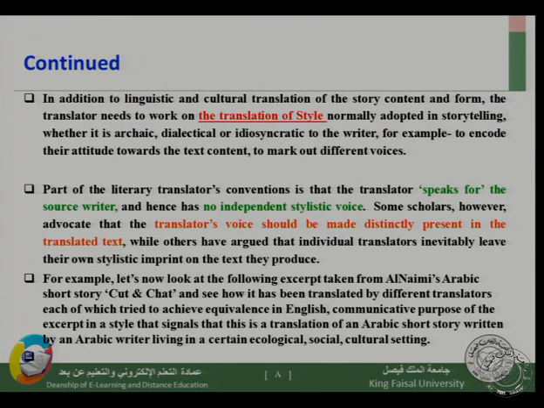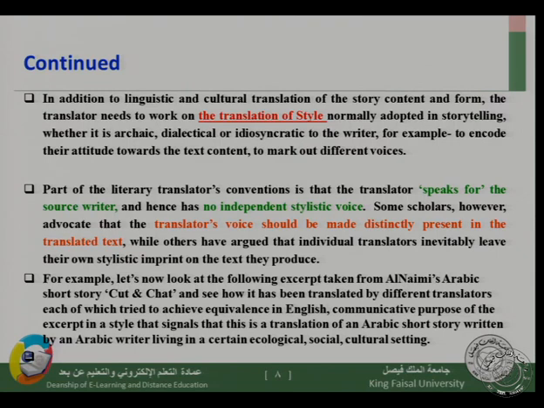You need to be able to translate the style. Can you create a style for children? Sorry, I used the wrong word. Not childish, but a style that children would appreciate. So can you create a style that is suitable to the environment?